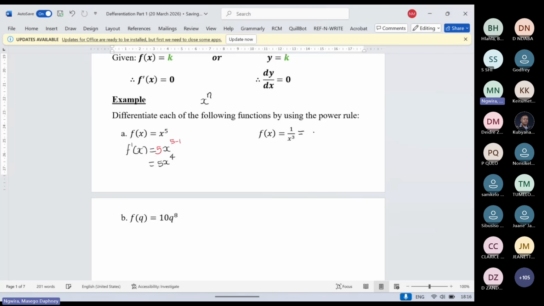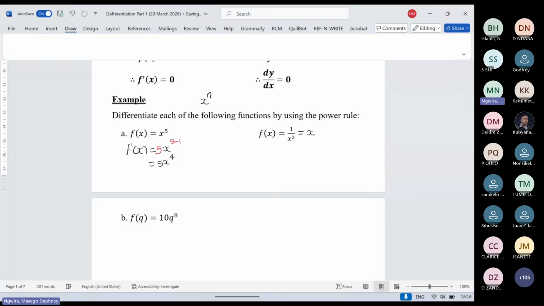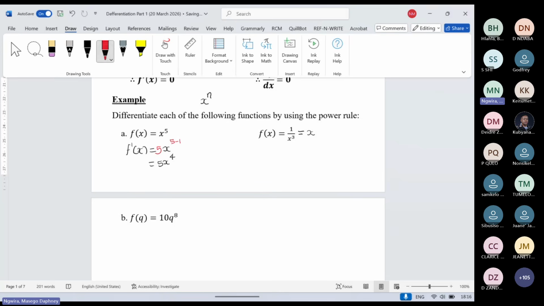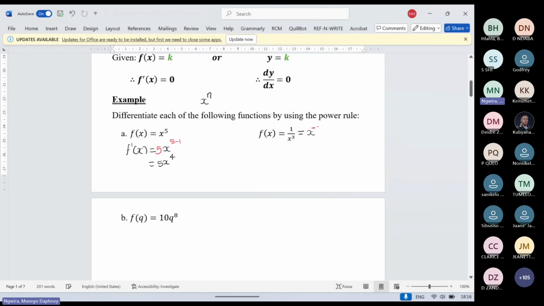When you take it to the top, you are going to have x to the power of -3. So when you take this x to the power of 3 to the numerator, it becomes a -3. There's a rule that says when you have a fraction, 1 over x to the power of n can also be written as x to the power of minus n.